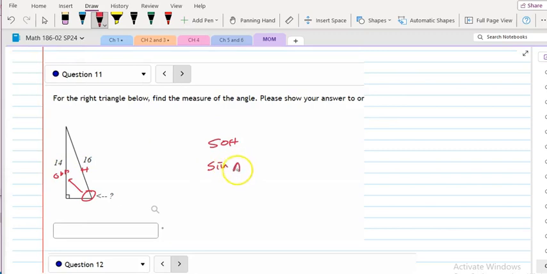Let's say angle A. There's no name for it. Let's say angle A is equal to O over H, which is 14 over 16. So I use sine inverse because I want to cancel the sine. So A will equal sine inverse 14 over 16.